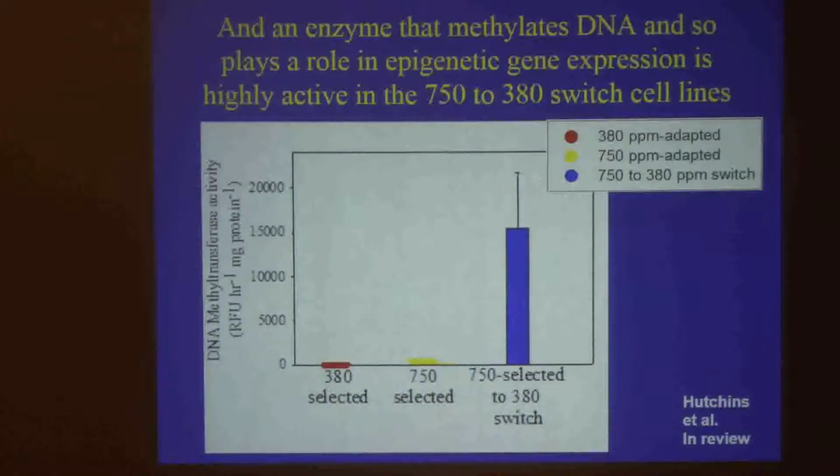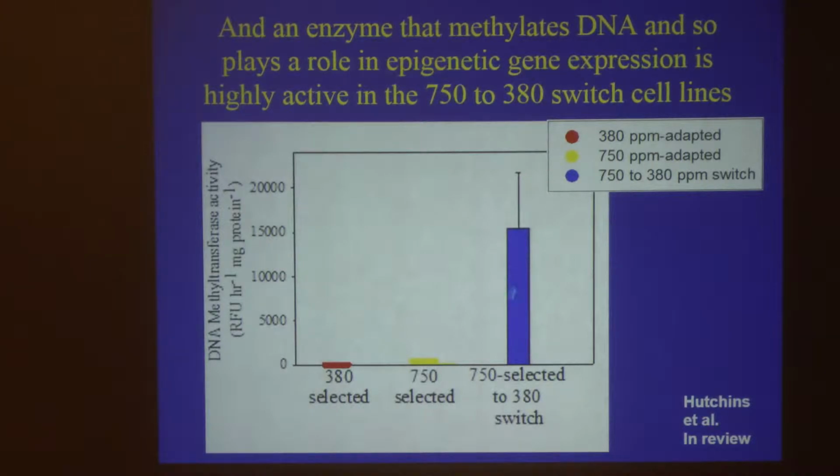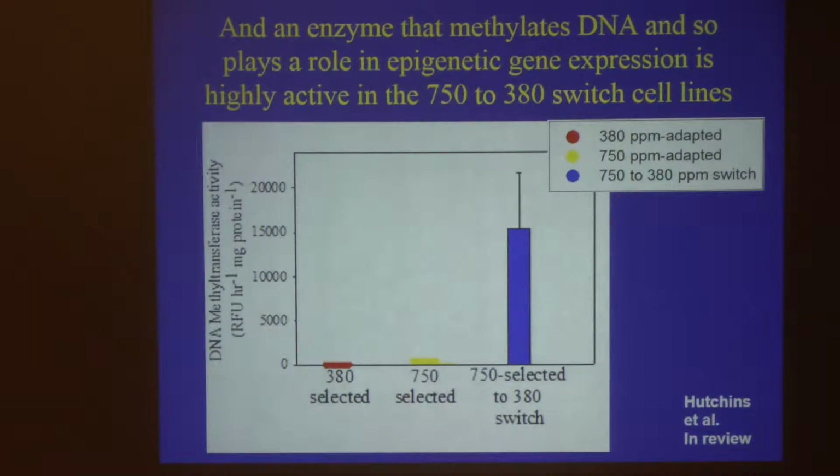It is very common. So the DNA is methylated, genes can be turned off that way, and perhaps on as well. Look at how high the activity is in this weird set of 750 to 380 switch cell lines compared to the other two. So in other words, there's a lot of methylation of DNA going on. And we're pursuing this to try to figure it out.